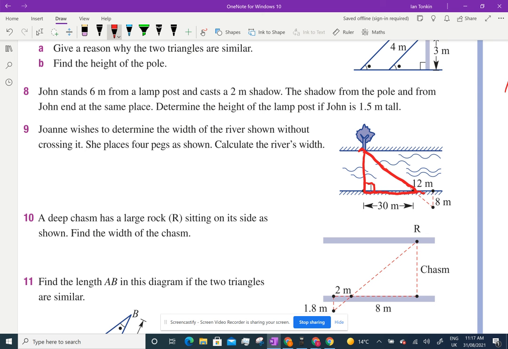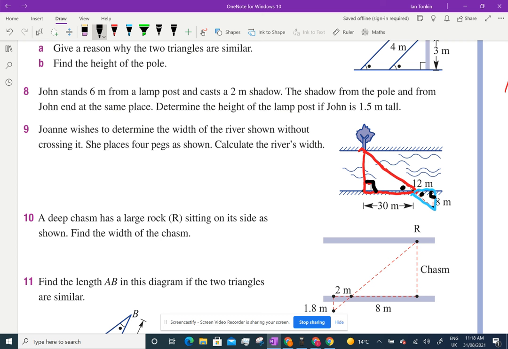And then she sets out this triangle. Now you think about it. What do you know? Well, you know that these two angles are equal because they're vertically opposite. That angle and that angle are 90.